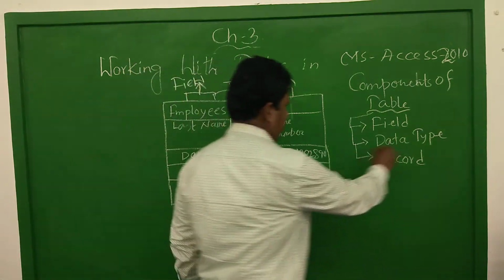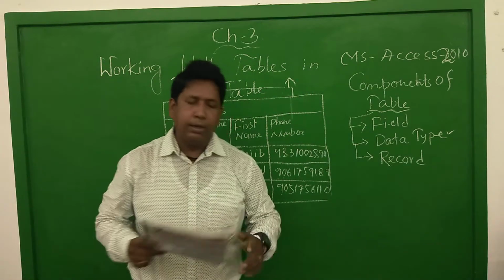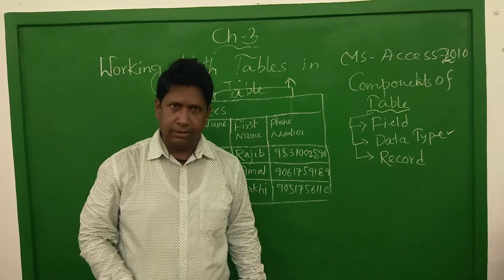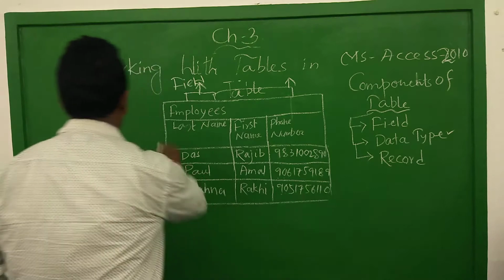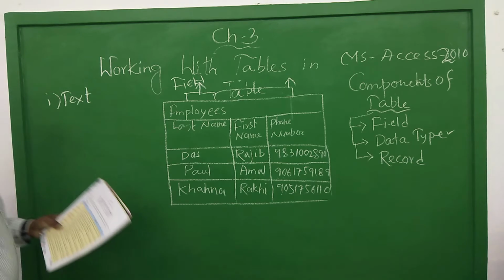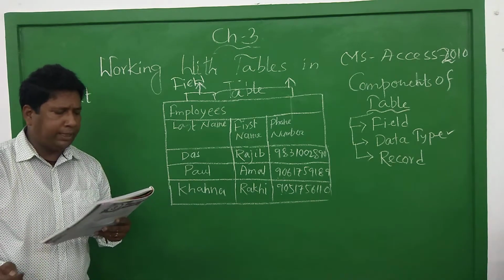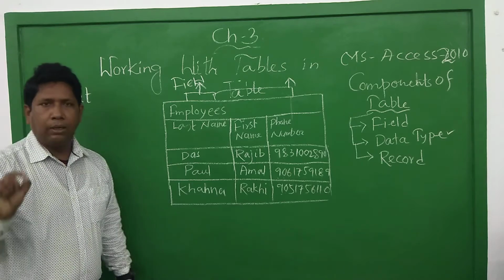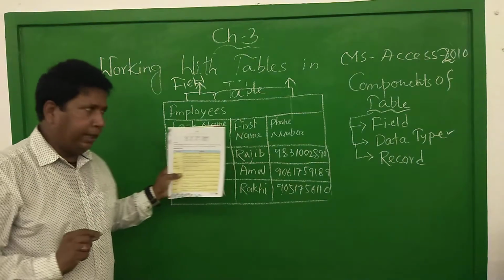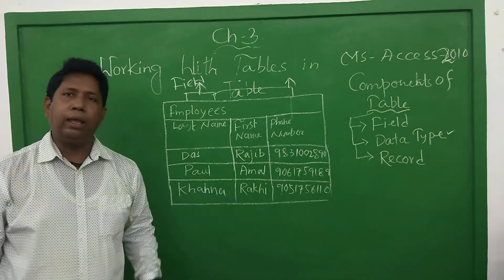Data type. In MS Access we can find different types of data type. Number one is text. Text is used for text and for numbers that are not used in mathematical calculation. It means whenever you enter text in the table, it cannot be used for any mathematical calculation.